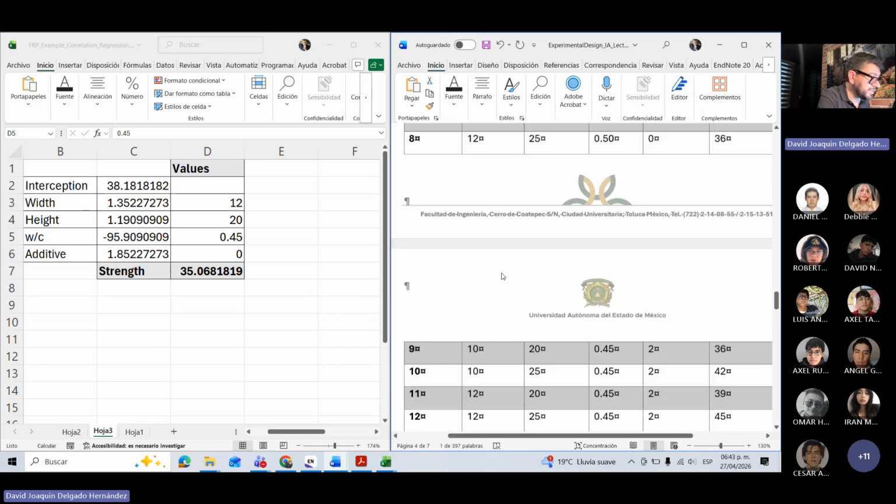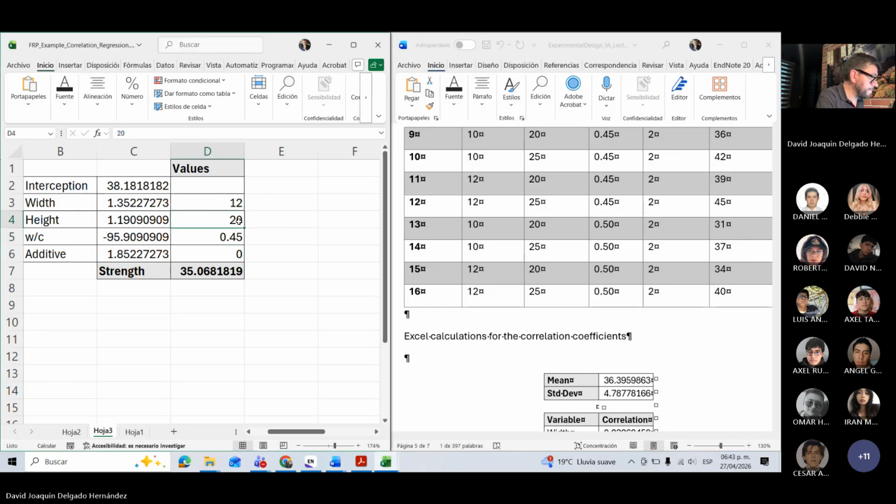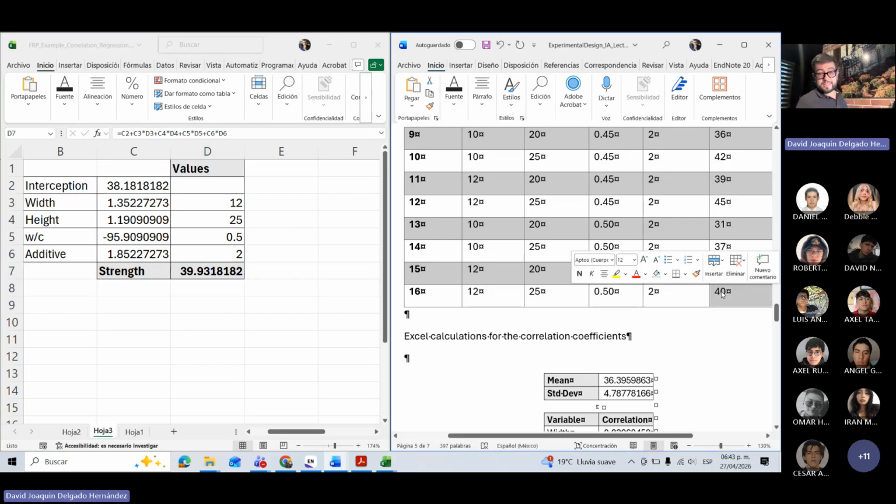Let us try with the very last one, the 16th. So it is 12, 25, 0.5, and 2. It gives 39.93, and the expected value was 40. It is an excellent model, okay? Excellent model.